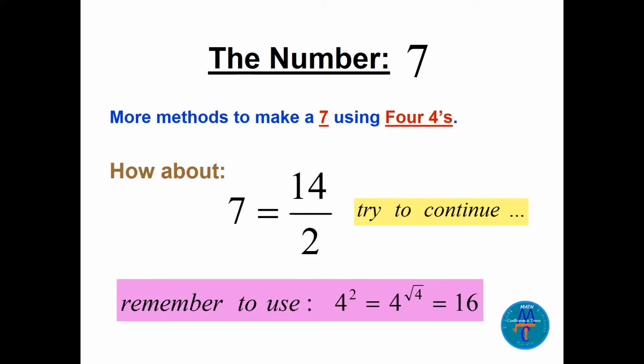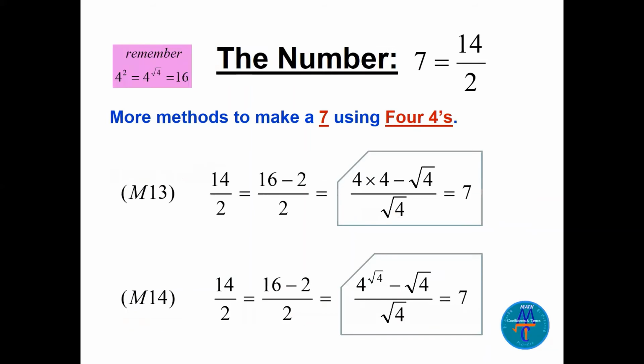So we need 7 as 14 divided by 2. Okay, let's go. 2 methods there. Method 13 and method 14.